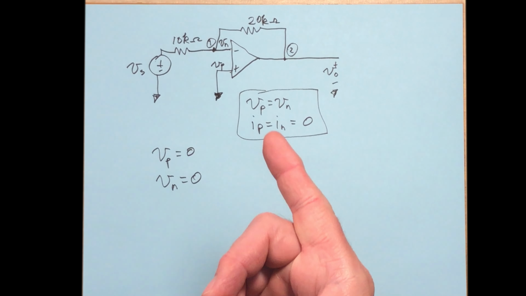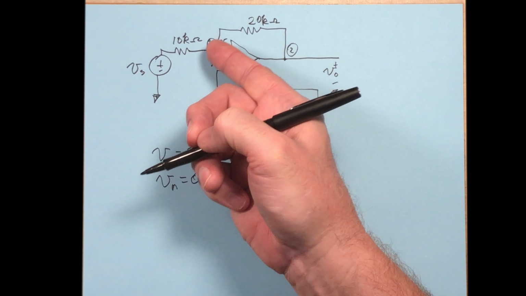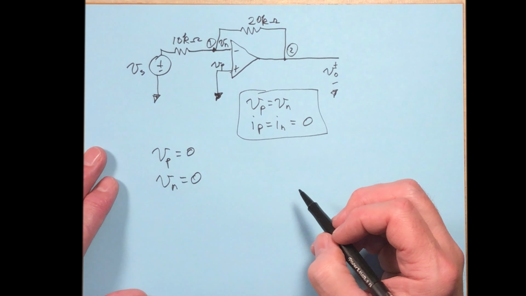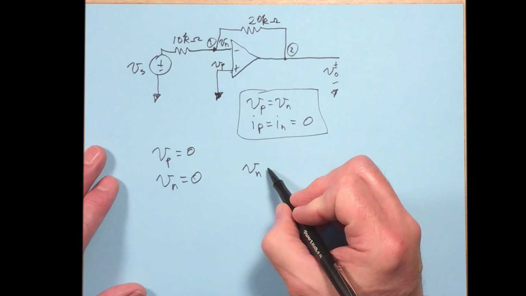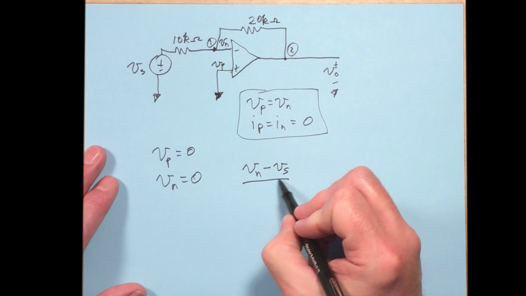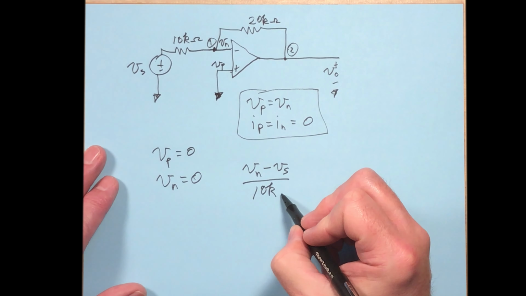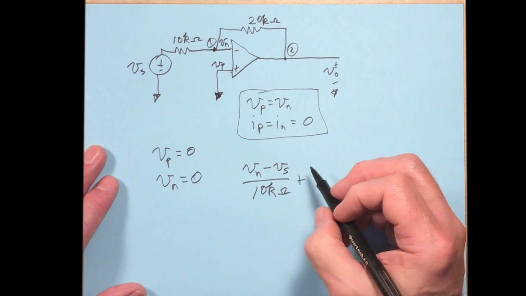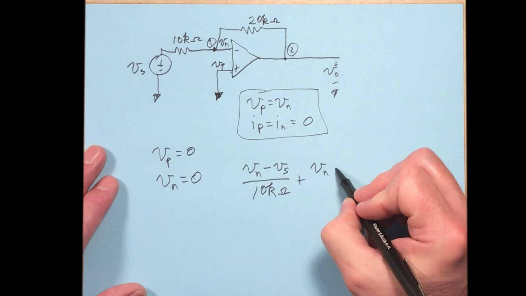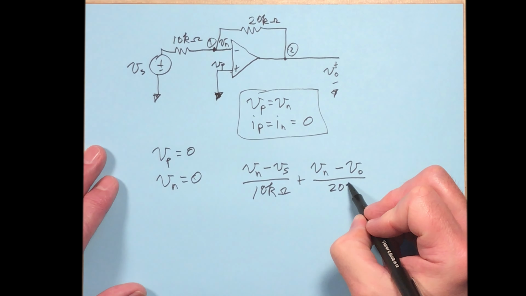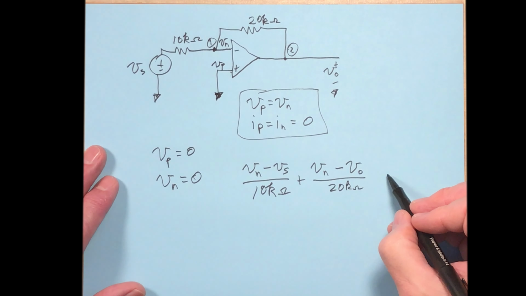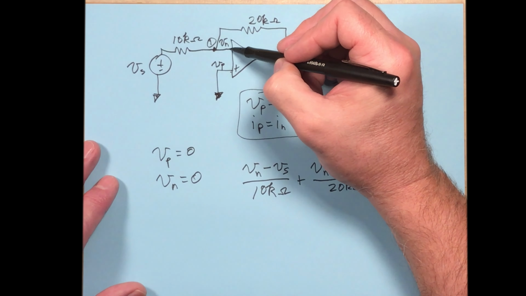Okay, but we can still write a node voltage equation for node 1. So if we do that, what do we get? VN minus Vs over 10 k ohms plus VN minus V output over 20 k ohms plus, okay, now what about this right here?